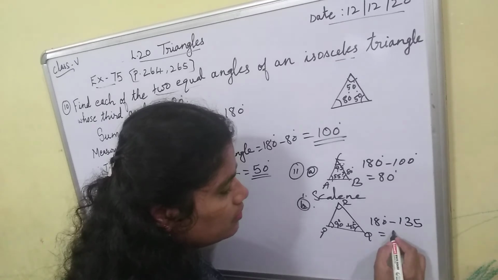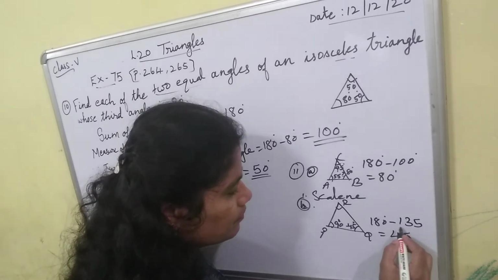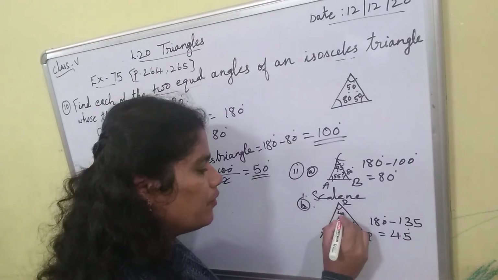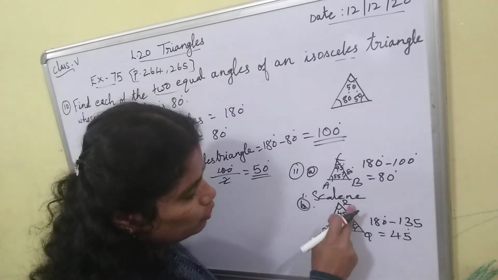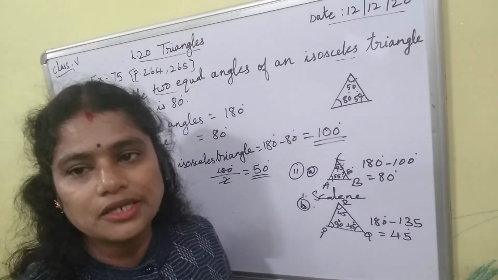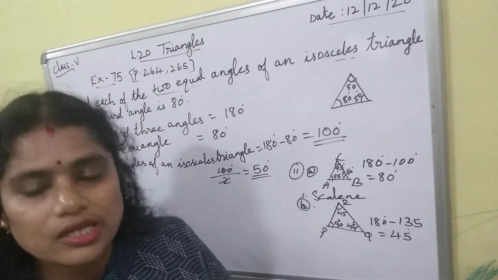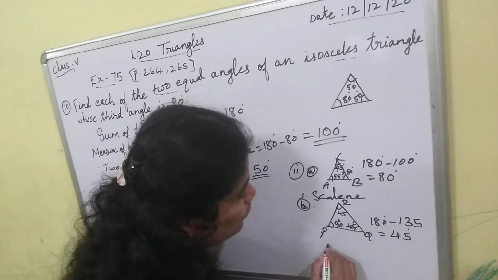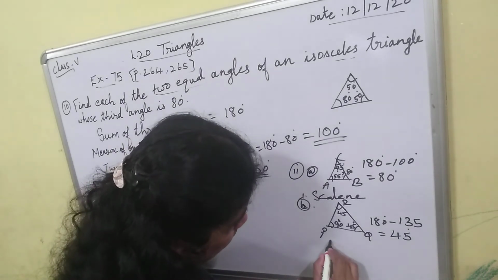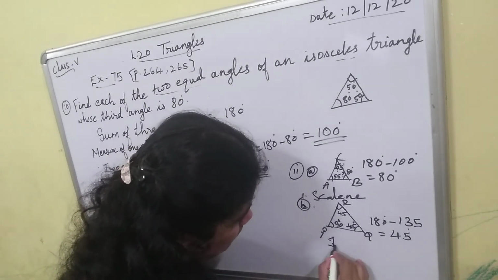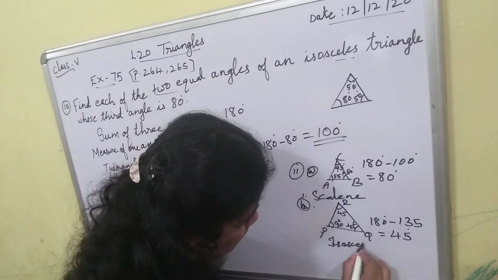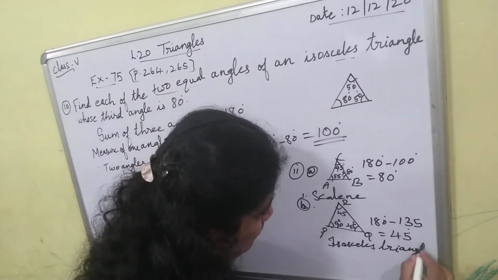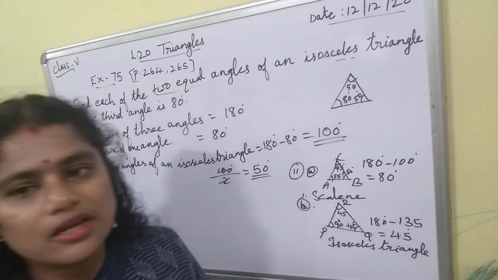The answer is 45 degrees. So here the third angle will be 45 degrees. So two angles are equal. It means this is an isosceles triangle. Is it clear? Like that we have to find out.